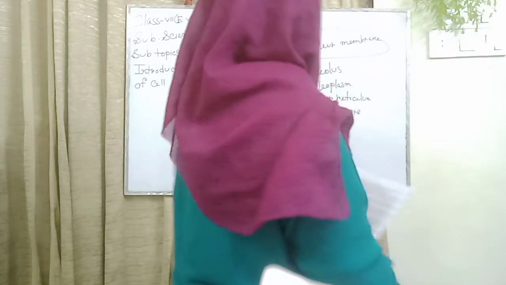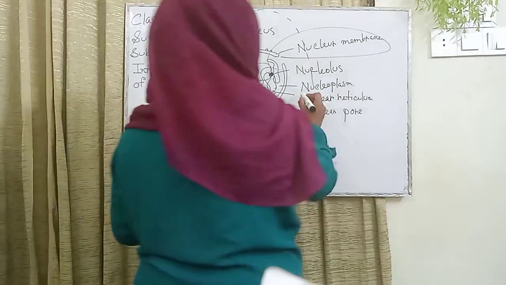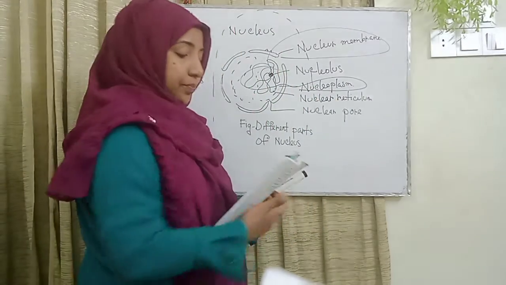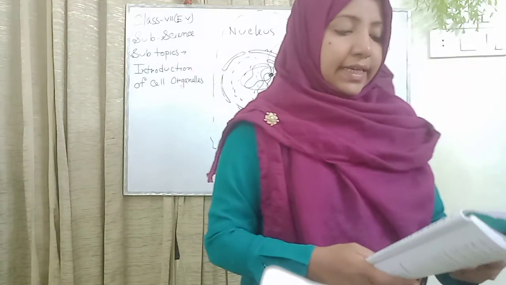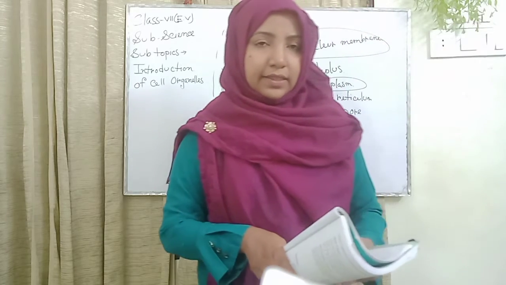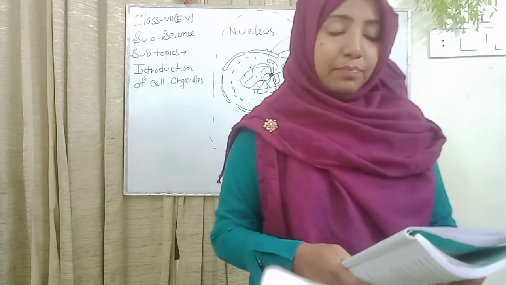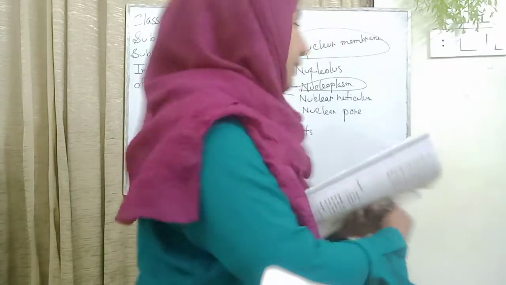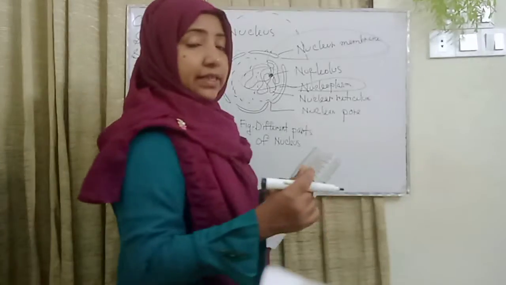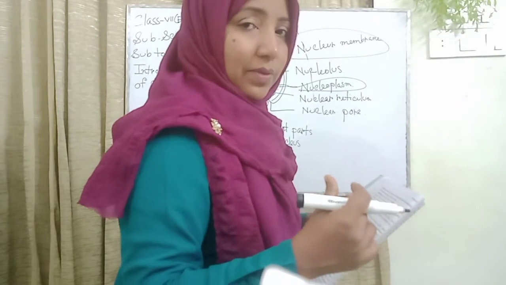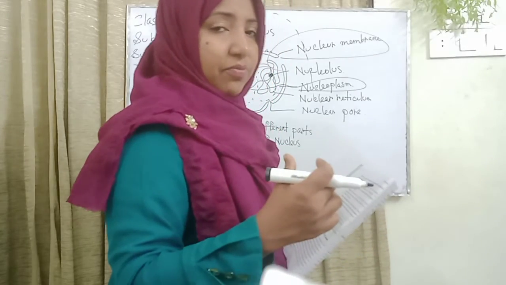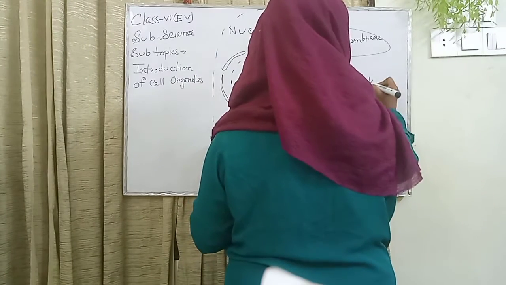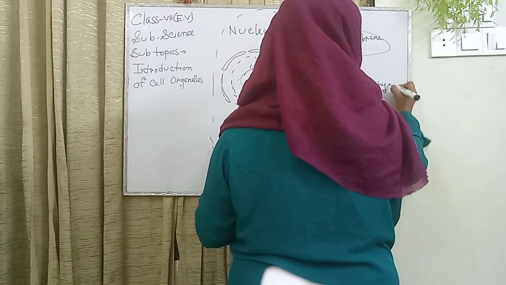Now our next structure is the nucleoplasm. Here this jelly-shaped structure is the nucleoplasm. Please everyone see both. The jelly-like, granular, transparent semi-solid matter covered by the membrane is the nucleoplasm, or another name, the karyolymph. Karyo comes from the Latin word karyon, meaning nucleus, and karyolymph is basically a jelly-like structure.